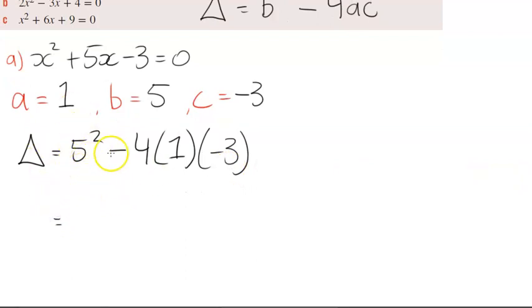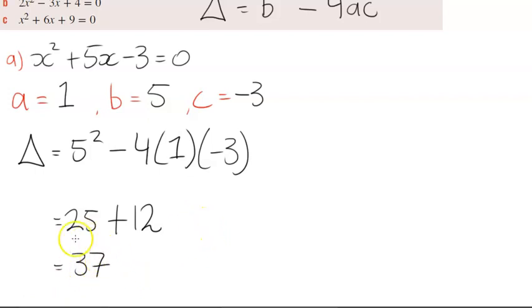Let's make sure that we know what turns into a positive and what turns into a negative. 5 squared is just 25 minus 4 times 1 times negative 3. So negative 4 times 1 gives me negative 4. Negative 4 times negative 3 gives me positive 12. And so 25 plus 12 will give me 37.